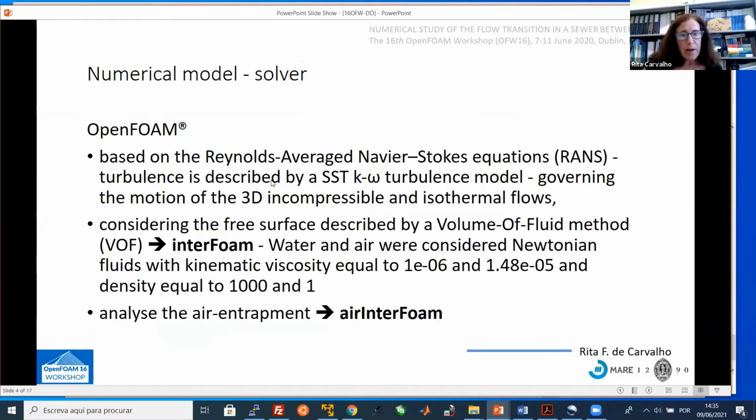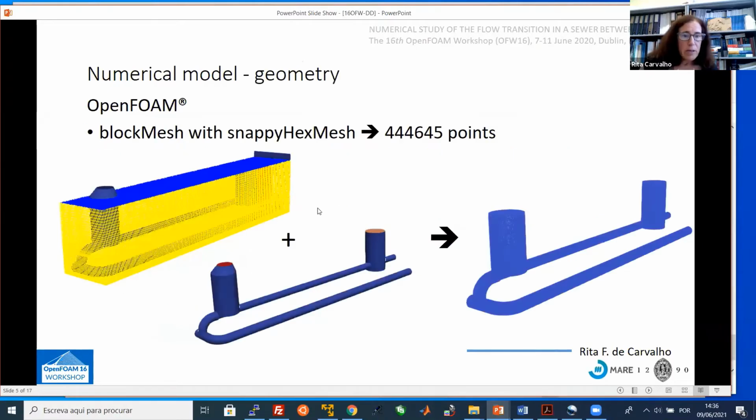So first, in the preliminary results, we use simulation. We use interFoam, and we want to use also air interFoam to see the air entrapment in the pipe. Okay, so we did a blockMesh with snappyHexMesh, doing all the geometry in Salome, and then we have the 2 manholes and the pipes in the mesh.